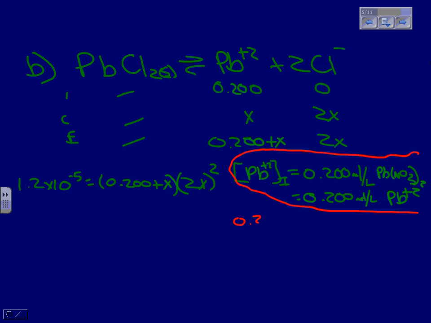Yeah, very good. 0.200 divided by 1.2 times 10 to the negative 5. And what do I get there? Something bigger than 100? Just round it to the nearest 1,000 or something like that. 1.6, so that's about 10,000. Well, I'll write it down. Equals 1.6 times 10 to the 4, which is greater than 100, which means the approximation is good.